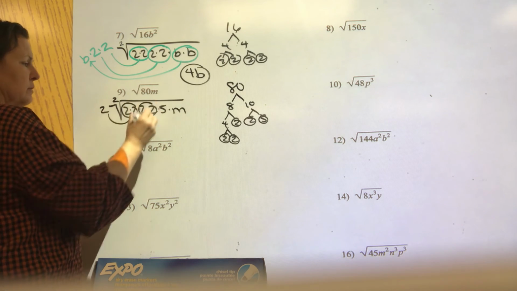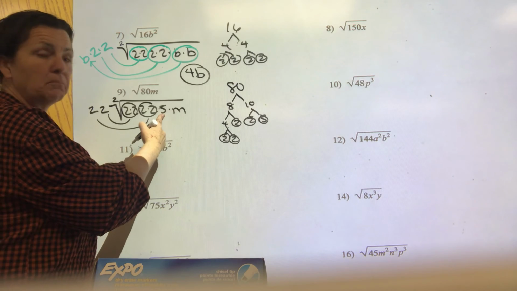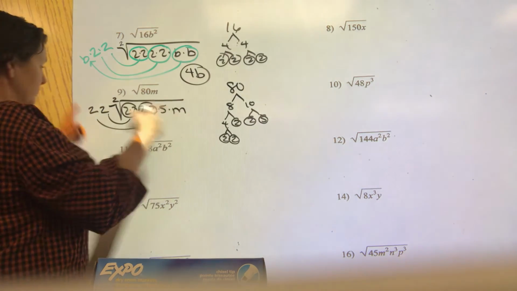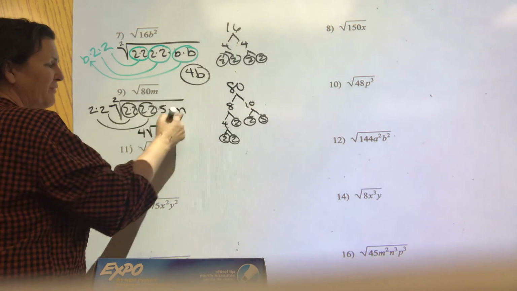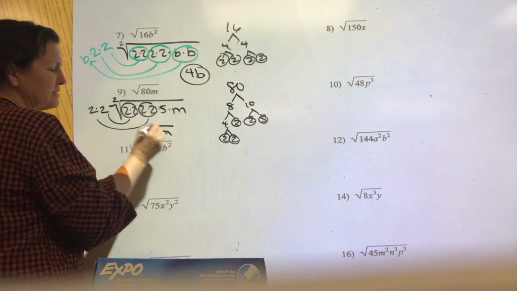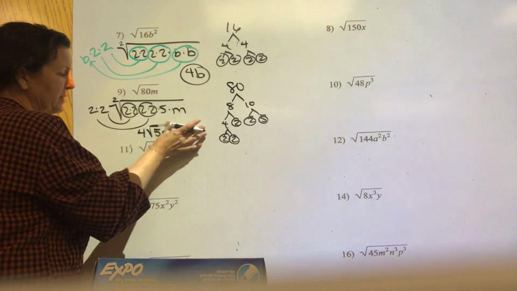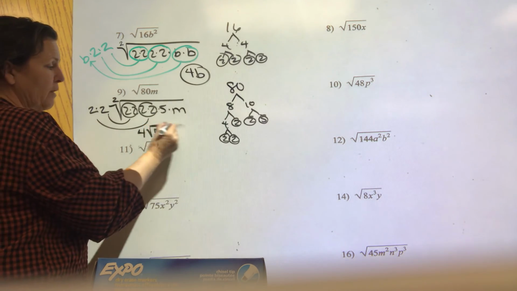There's 1. There's 2. Can I take the 5 out? Does he have a friend? Mm-mm. Can I take the M out? Does he have a friend? Mm-mm. So we have 2 times 2 on the outside, which is 4, and we have 5M left on the inside. Now the top of that radical should go all the way over. It shouldn't be a short one, because now it looks like M is outside, okay?